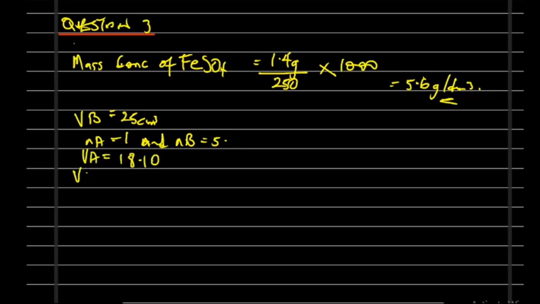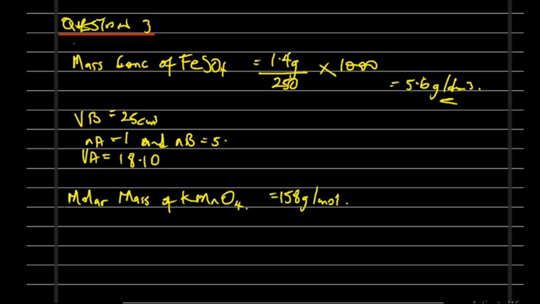From that, the molar mass of potassium permanganate, we have that to be 158 grams per mole.